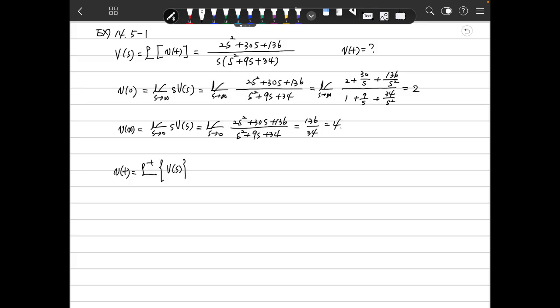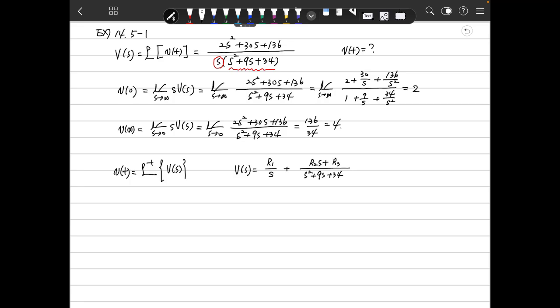Then V(s) will be, we have similar things, as R1 plus (R2 s plus R3) over (s squared plus 9s plus 34).